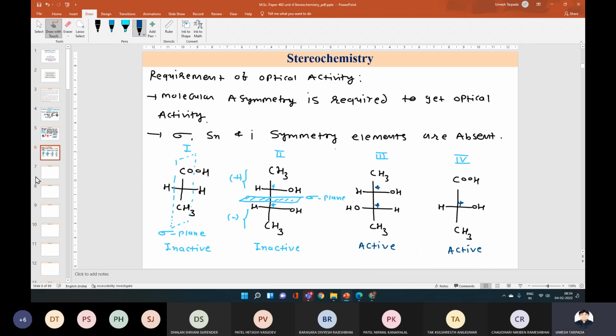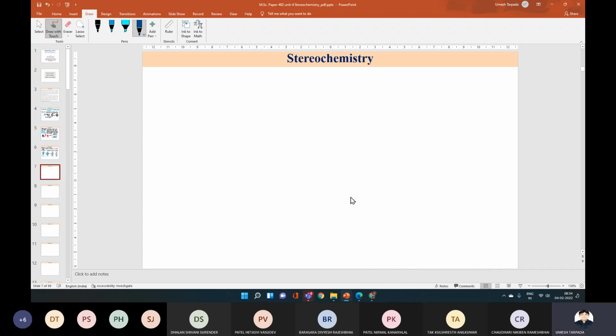So see, you just look at the presence of plane of symmetry. This is a cyclic molecule, so you can have two planes, one above the plane and another below the plane. Here both Br atoms are above the plane.